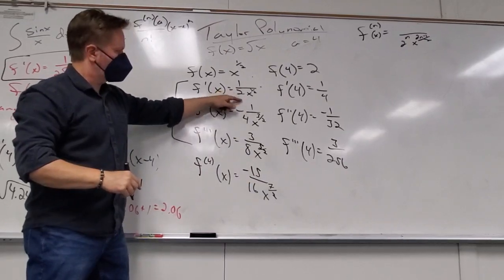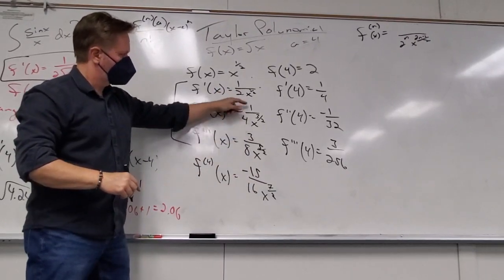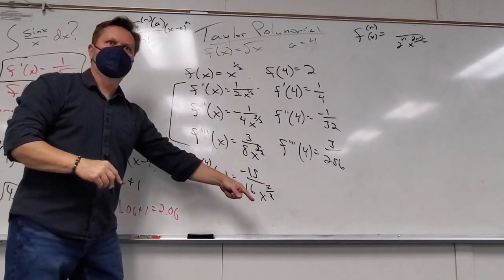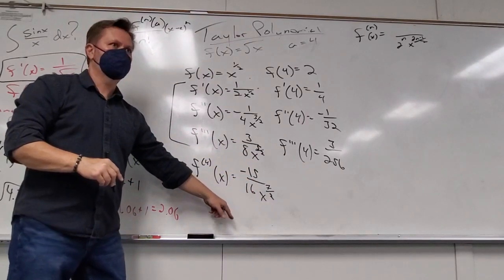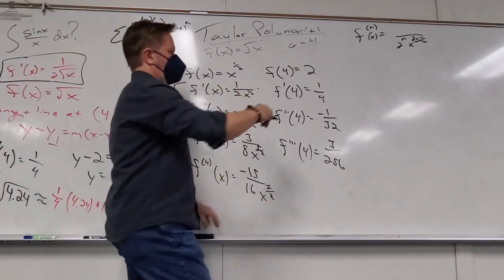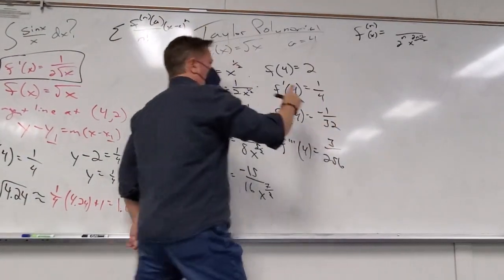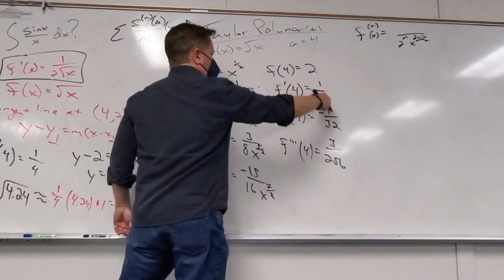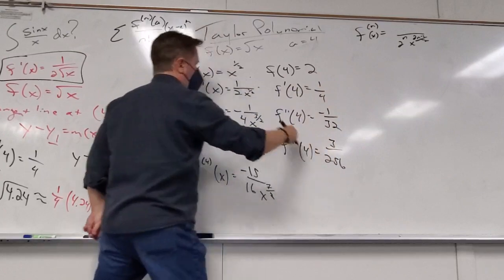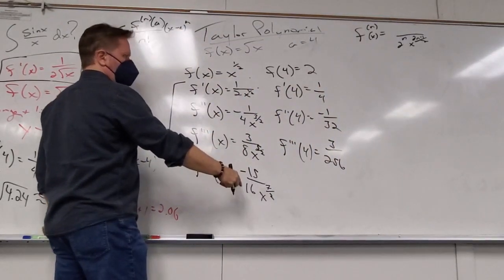So the top is looking a little interesting. Multiply by 3, multiply by 5, probably multiply by 7 next, I'll bet, right? So I have to keep going. It's very often harder to see the pattern than it is to find the pattern here.